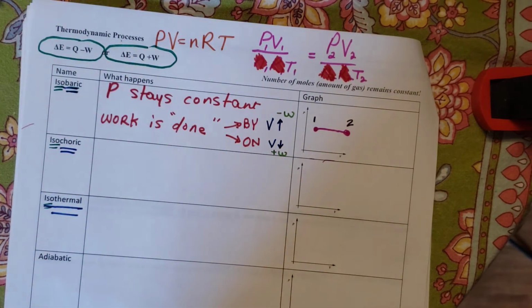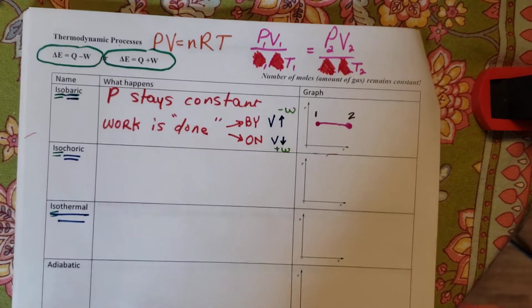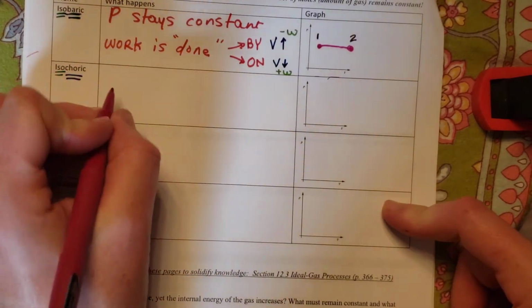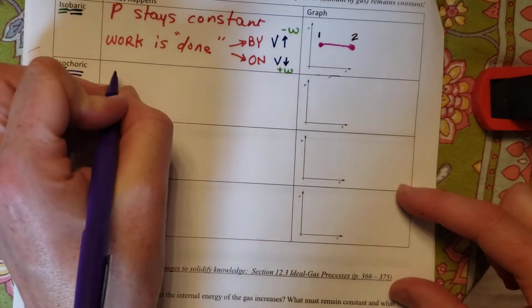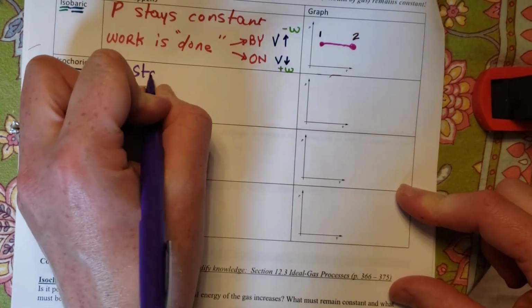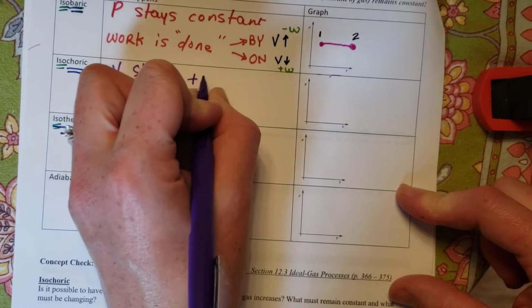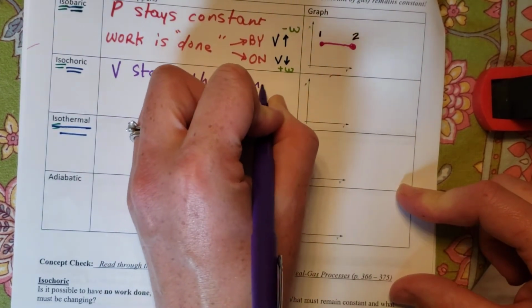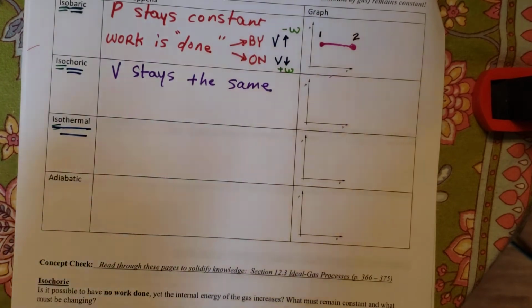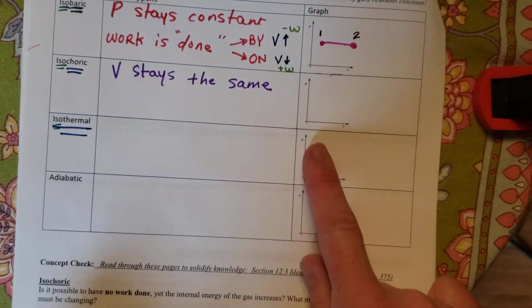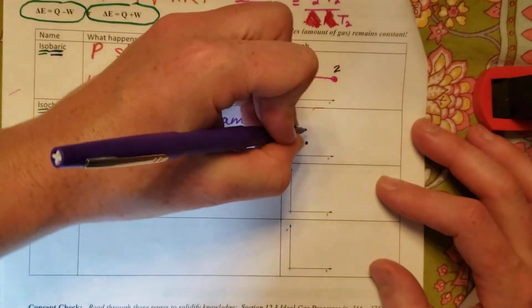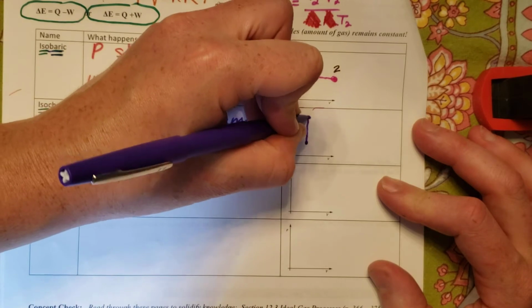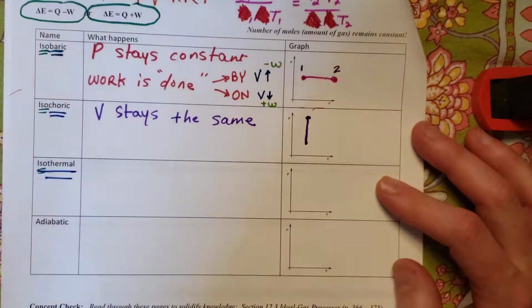Let's do isochoric. So again, iso means constant or same, and choric is for volume. So the volume is going to stay the same. And I'm going to use a totally new color pen just to give me some separation visually. So volume stays the same or stays constant. If I was going to draw that on my PV diagram or on my PV graph, what I'm going to be looking at is a line that's going vertically right here.